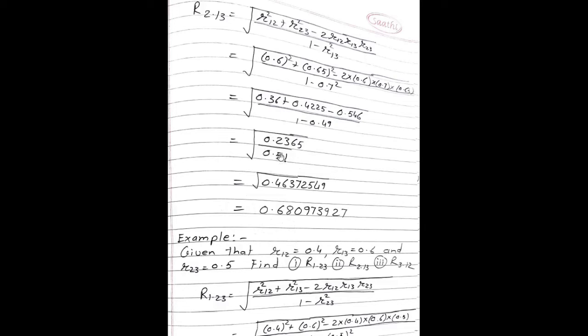If you perform the division, the value comes out to be square root of 0.46372549. The square root value is 0.680973927. So capital R 2.13, the value is 0.680973927.